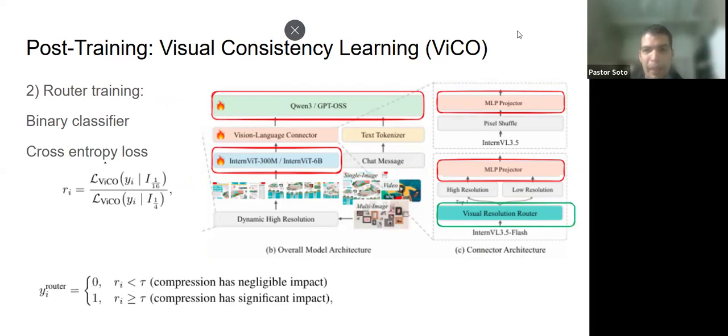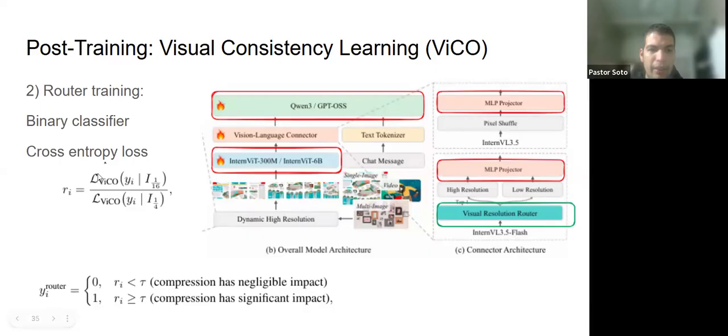This is my assumption, as you can see in the first slide that I showed you with the different responses: it's difficult to tell what's the best model, because given that it has good language capabilities, it can fool you into thinking it's actually understanding, and perhaps it's just inference based on what it grabs from the image. So they leave everything constant and tweak the visual resolution router.